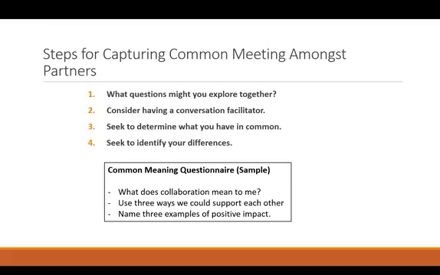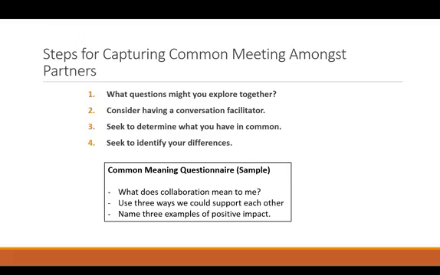So I just gave some examples of common meaning questions that you can ask, but really it's a very basic structure to a conversation where you set up some questions in advance, at a high level. Some examples here that I gave are, what does collaboration mean to me?